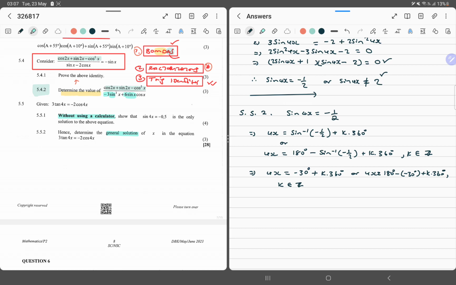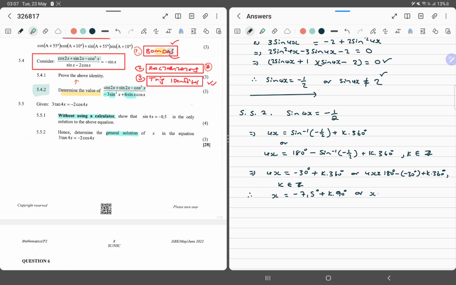Now we therefore make a conclusion that x is equal to minus 30 by 4, which is minus 7.5 degrees. Yeah, that's what it says. Okay, plus 360 by 4 is 90, right? So it's going to be k times 90 degrees.